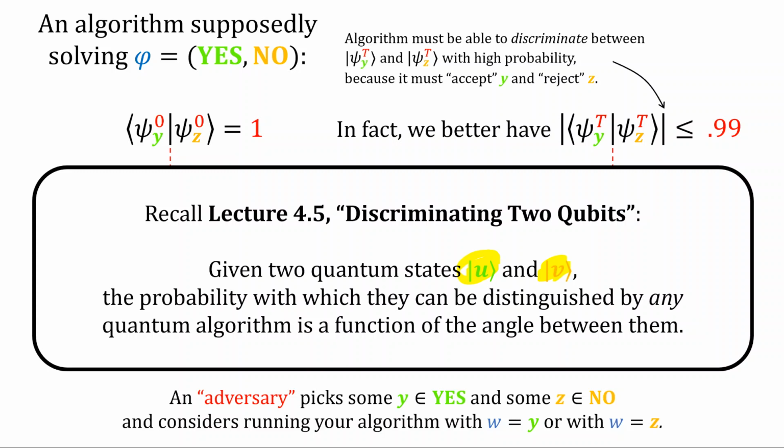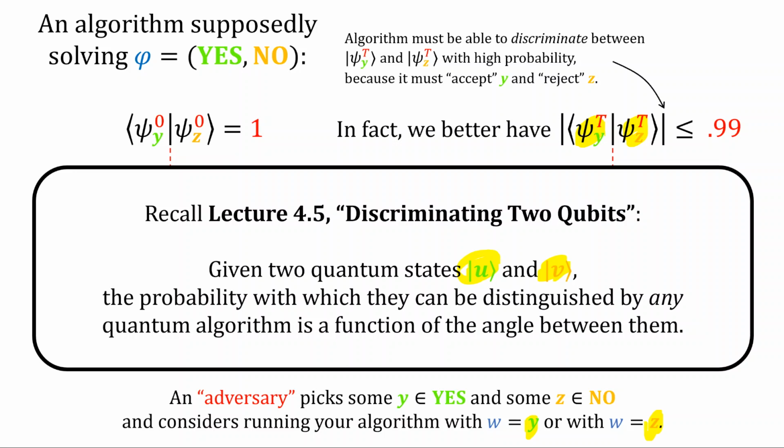If you were allowed two-sided error, you could distinguish between two states at angle theta with error probability something like 1/2 minus 1/2 sine theta. The formula is not too important. It's just to say that since y is a string where the algorithm is supposed to output yes, and z is a string where the algorithm is supposed to output no, it better be able to distinguish between these two final states, psi sub y and psi sub z, with good probability, with error less than 1/3.